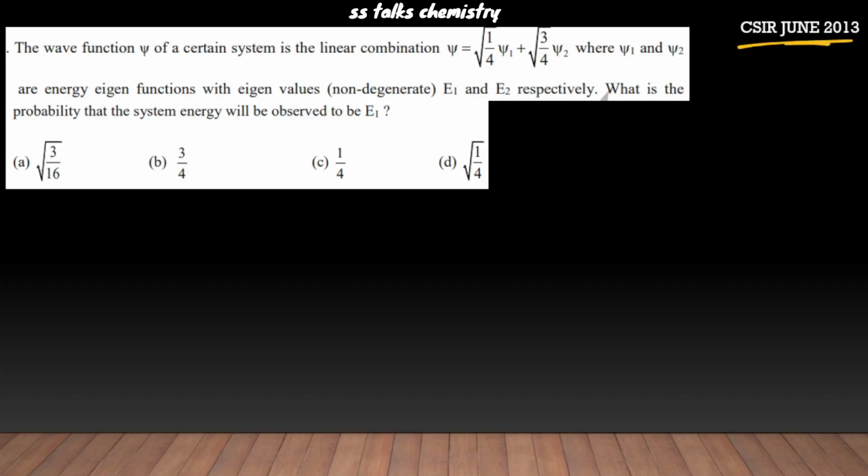Okay, next, the June 2013 paper we have begun now. The question says the wave function psi of a certain system is a linear combination of wave functions. So we write the wave function as C1 phi 1 plus C2 phi 2.